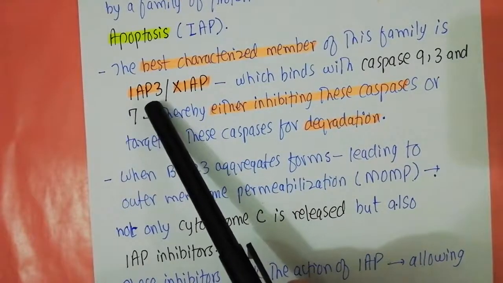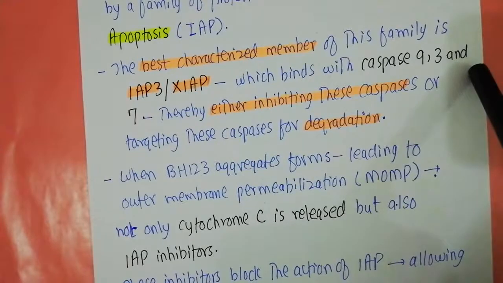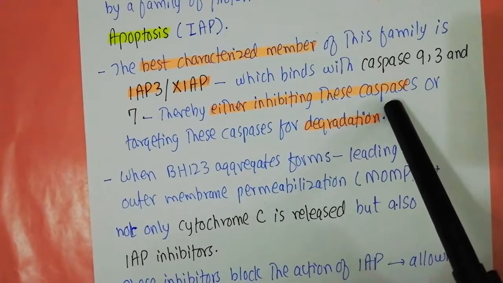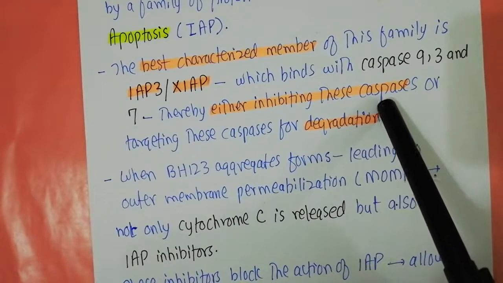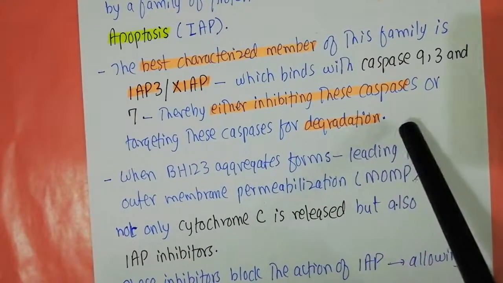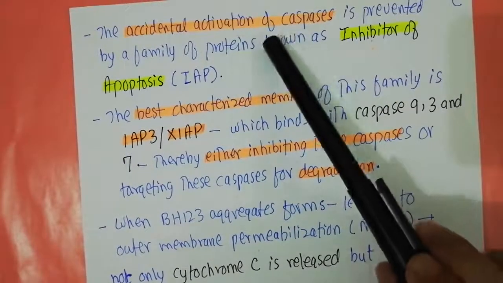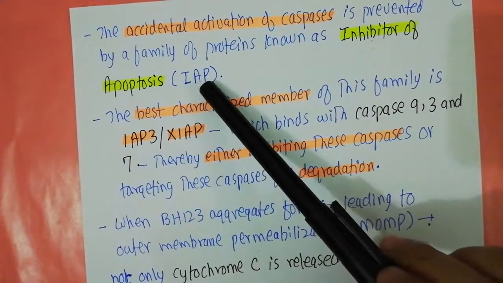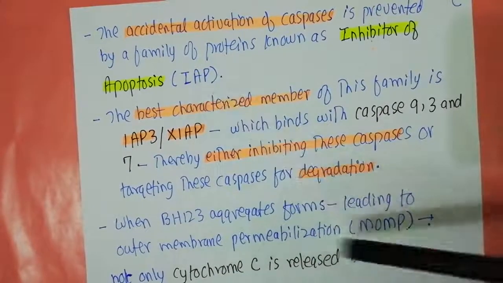And when XIAP binds with these caspases, it inhibits them from performing their function. They are inhibiting their functions, or they are targeting these caspases for degradation. So if there is an accidental activation of the caspases, these inhibitors of apoptosis are going to stop the process of apoptosis.